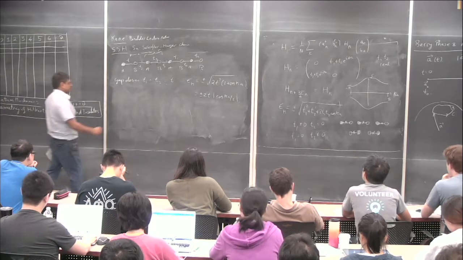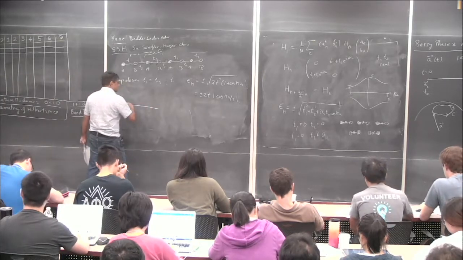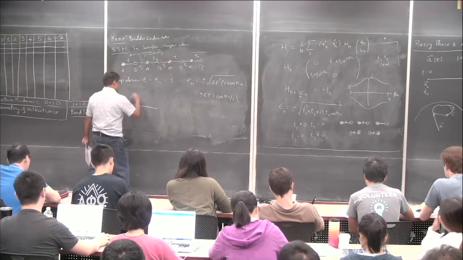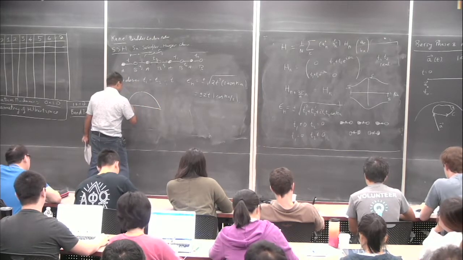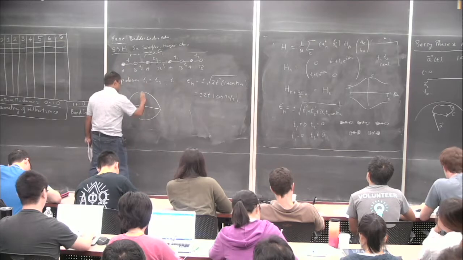Okay, so you get a spectrum that looks at k equal to pi. It touches the other partner.